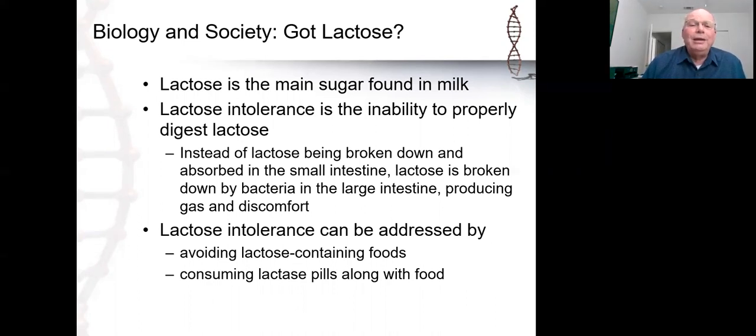So we'll come back and readdress that system in bacteria when we get to chapter 11. But we're also going to come back and rethink lactose intolerance, or lactase persistence, to give it its proper name, again at the end of the chapter.